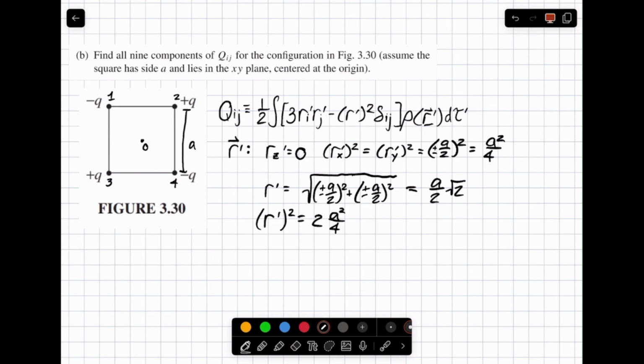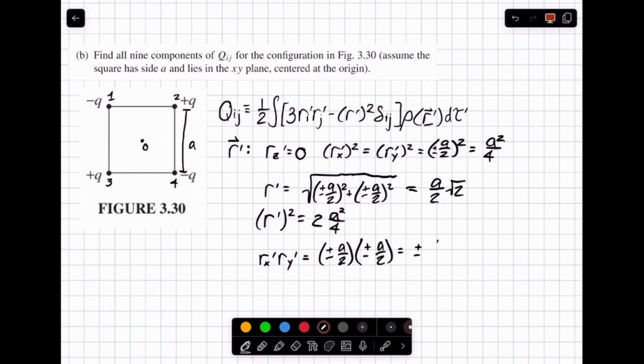I'm keeping it not simplified, so that it'll be easier to see what we're doing while we're computing these 9 components. When we're evaluating the cross terms, you'll notice that overall the magnitude is going to be the same. However, we don't know if these Rx and Ry are positive or negative.